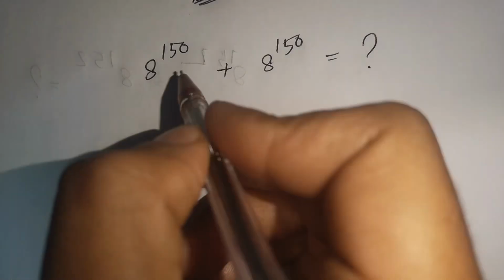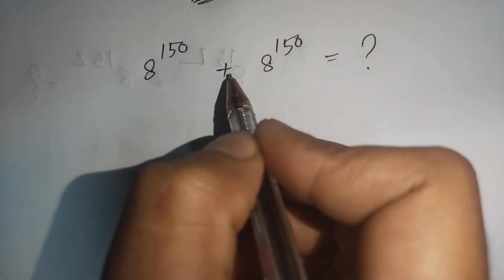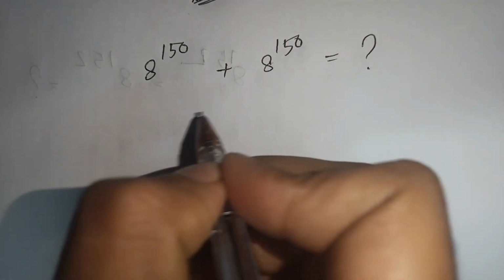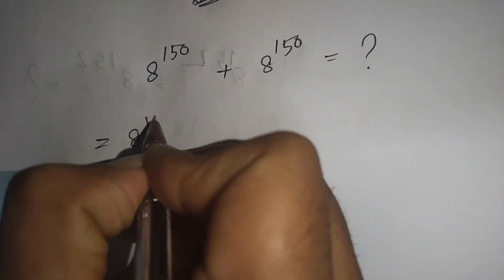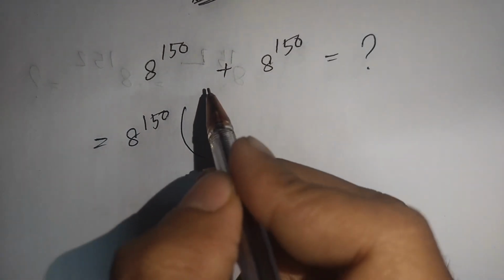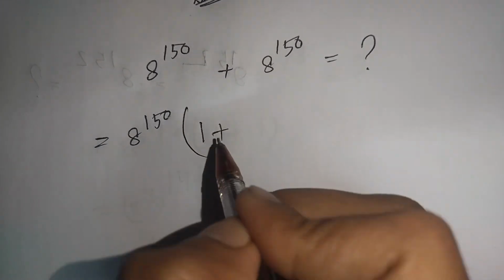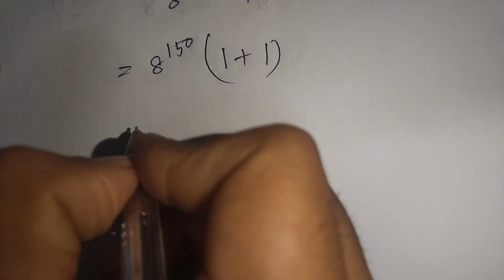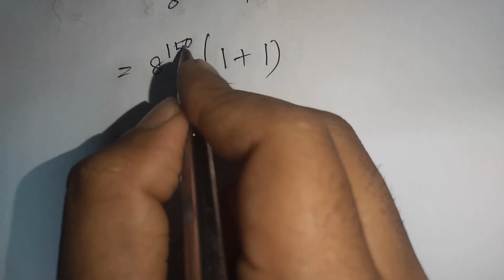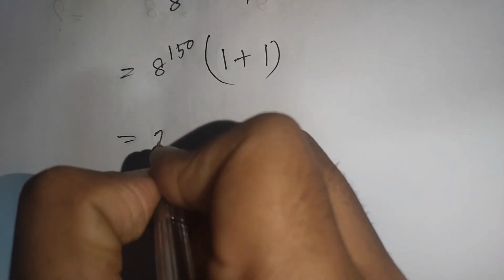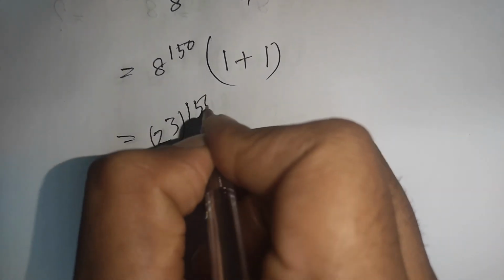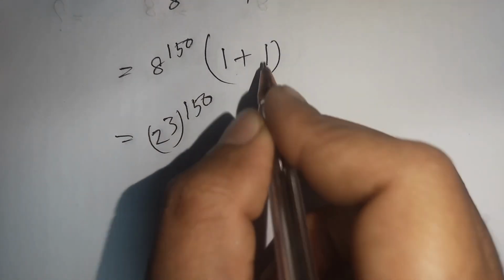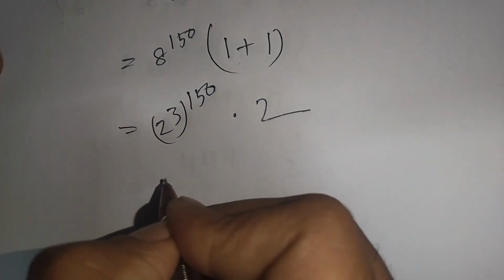So this is how to solve a to the power 150 plus a to the power 150 is equal to what? At first we take common a to the power 150. First bracket start, this divided by this, that means 1, then plus this divided by this, that means 1. Now a to the power 150, that means is the same as 2 to the power 3, bracket for 150 times, 1 plus 1, that means 2.